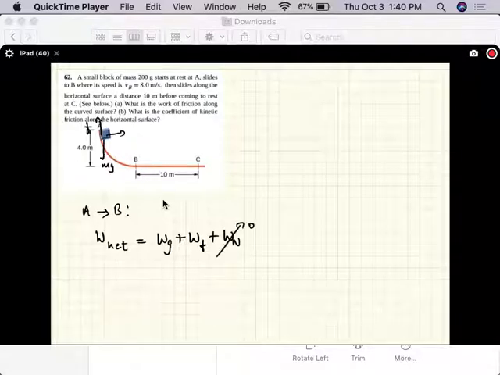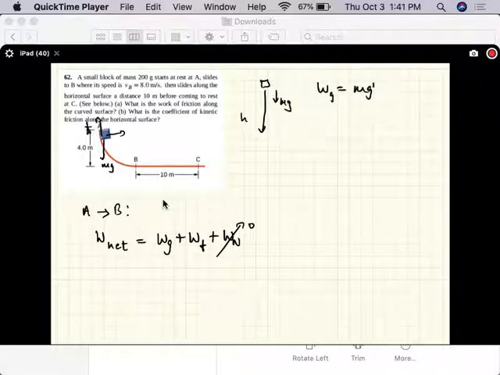Now, the work done by gravity. We haven't proved this, but when an object falls a distance h, the work done by gravity is mgh, and it doesn't matter what the path is.